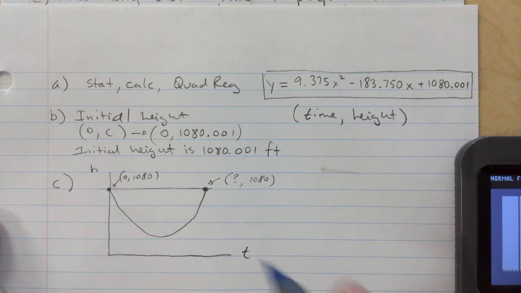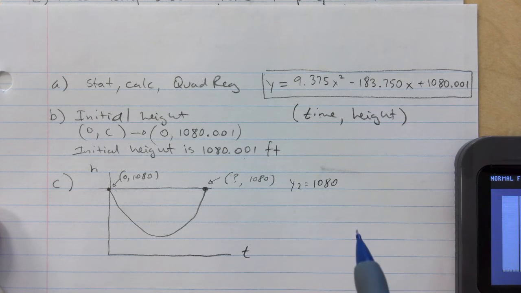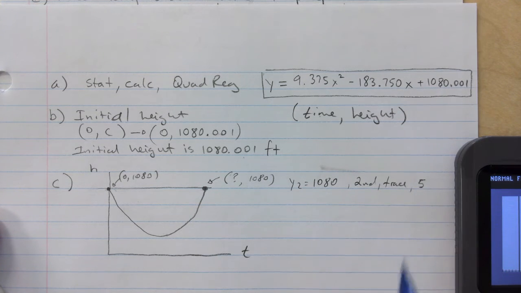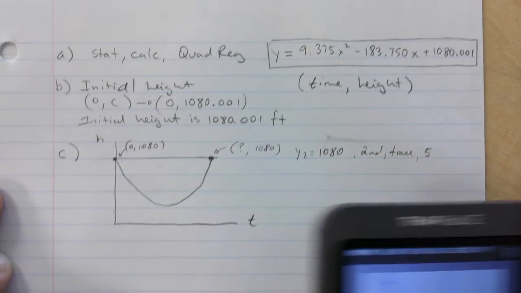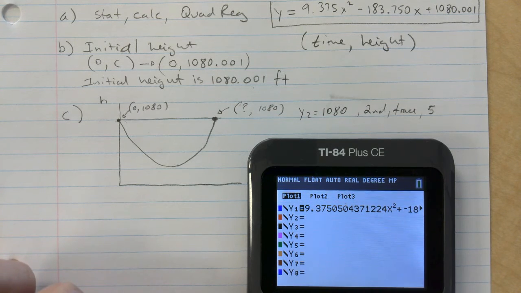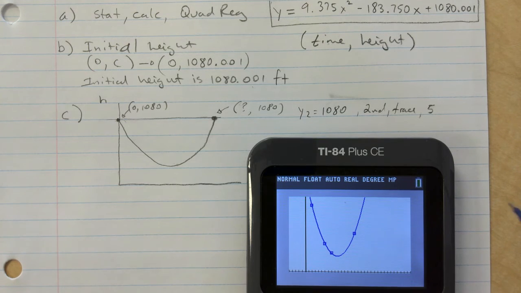So I will say y2 is 1080, and then I'm going to go second trace 5. So let's go ahead and do that. So y2 is 1080, and I don't see it.